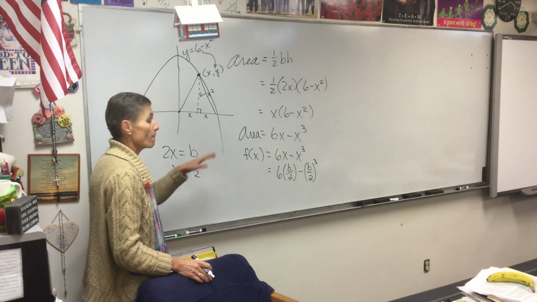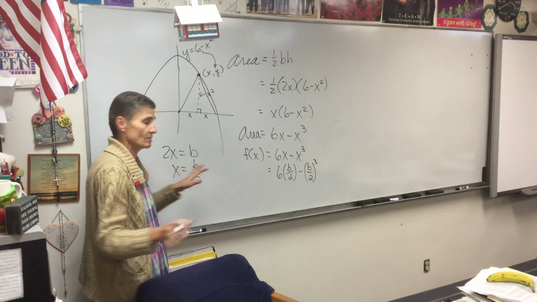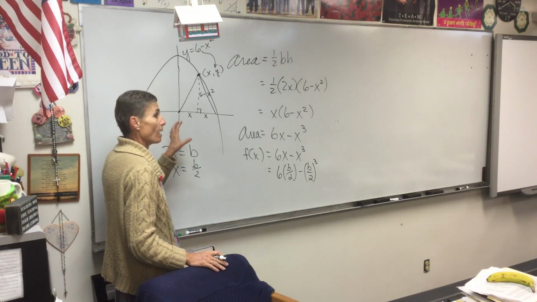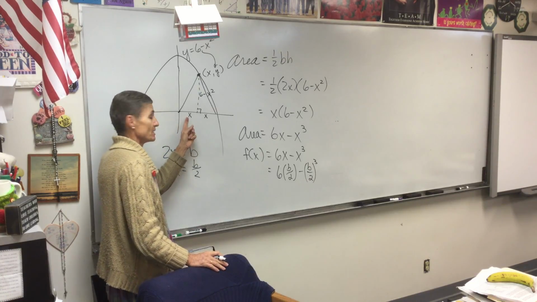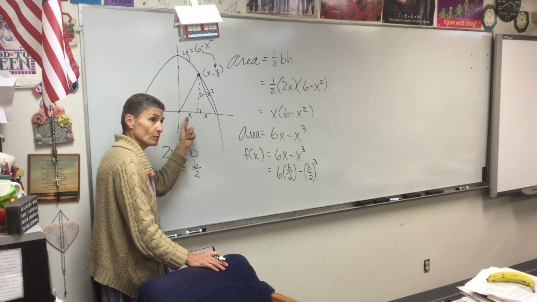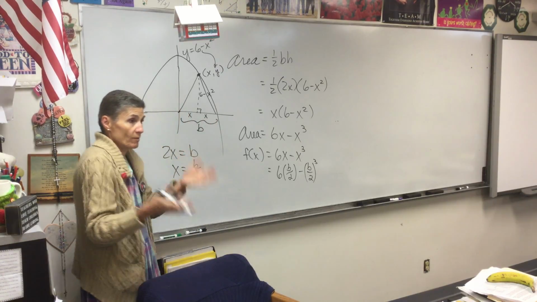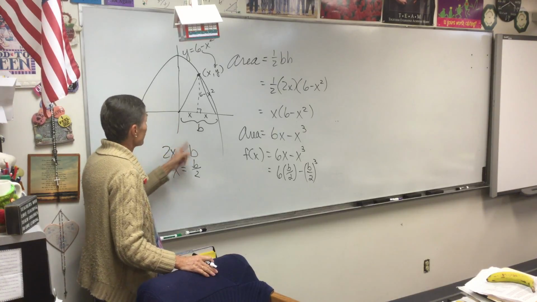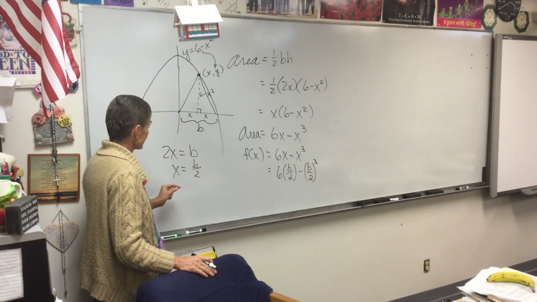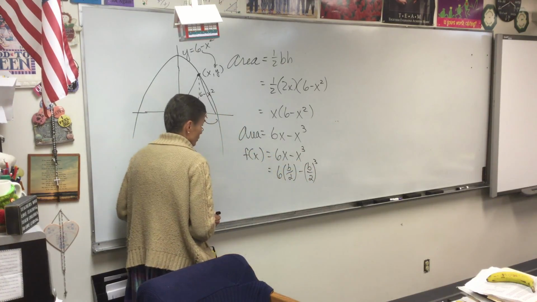In other words, just because of the way the problem was phrased, my answer is not good enough in terms of the x value. It has to be in terms of the base of the triangle. That's what the problem says. So I'm going to manipulate it and say, okay, the base is 2x, so every time I see an x, I can put in b over 2.